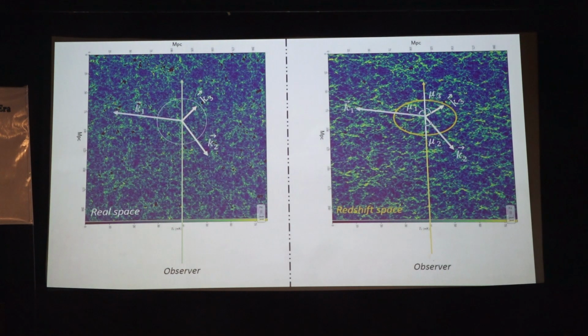And here, similar to what we saw for the power spectrum, because the bispectrum is a function of three k vectors, we have to consider three different angles with respect to the line of sight that quantify the orientation of the triangle.